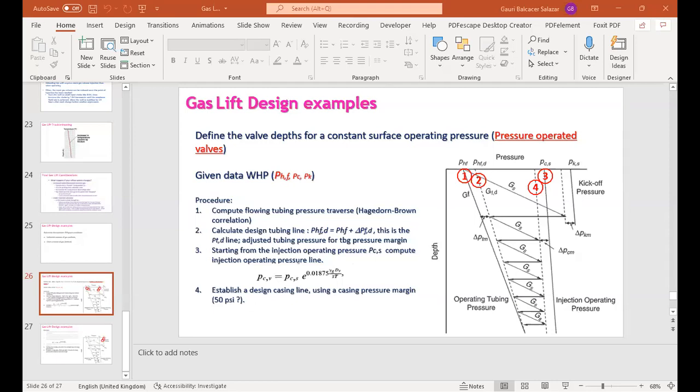So the solution is, the maximum oil rate is expected with the gas injection, of course, above the packer. In this case, we are not considering the friction below the injection point of the packer, which is not a big deal. We are dealing with a short length of tubing.